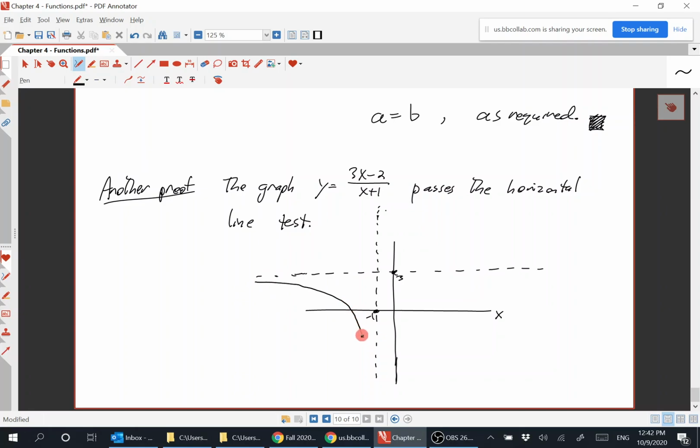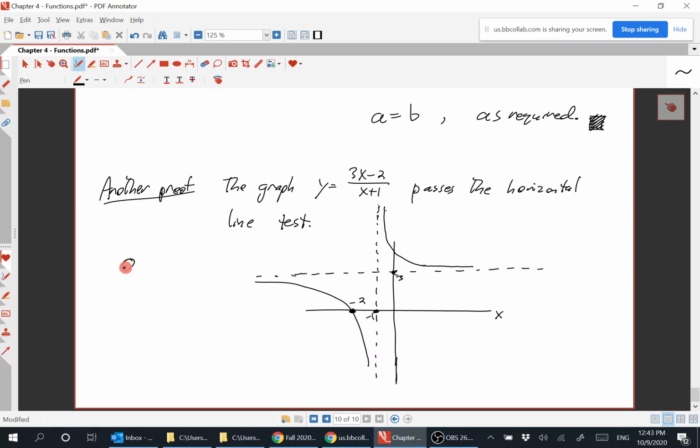Why does the horizontal line test actually say something? What's the deal? Wait.